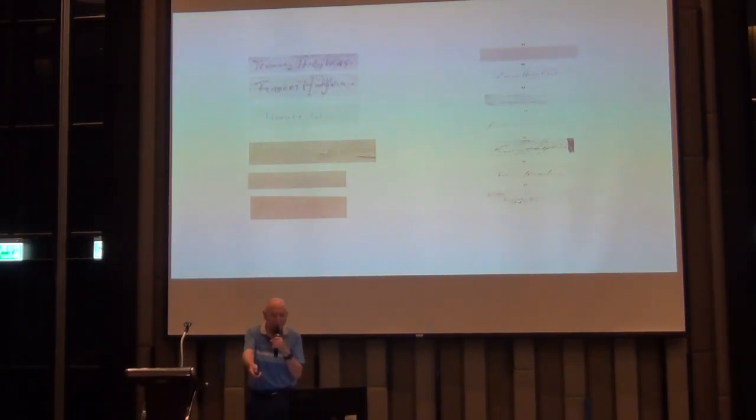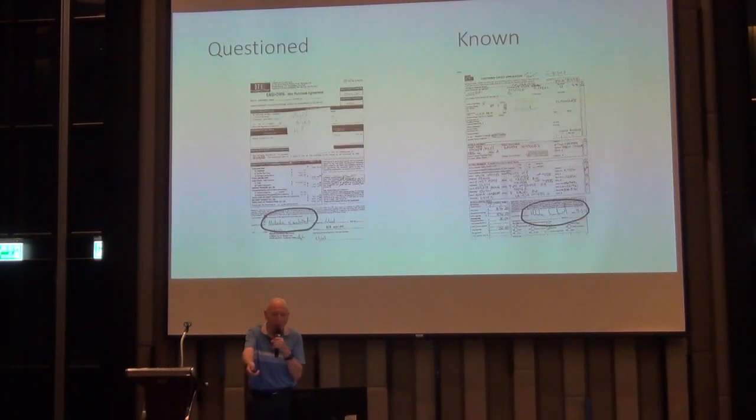Okay, so basically when I get a signature, I need as many known signatures along with as many questioned ones. The question signature has to be compared with the known signature, and the more known signatures I have for comparison standards, the better the outcome.